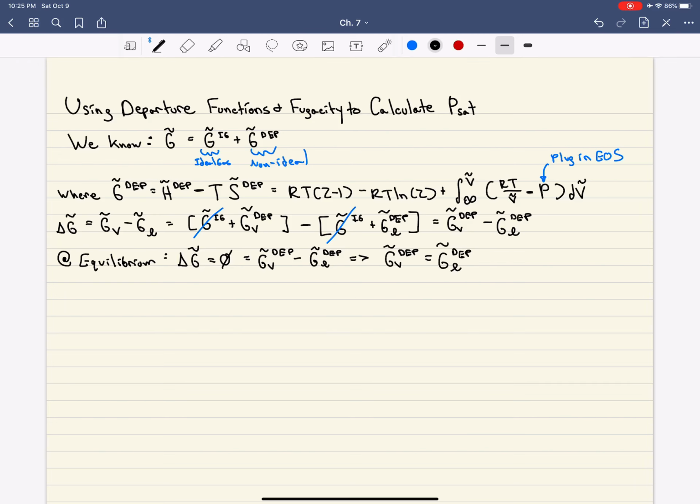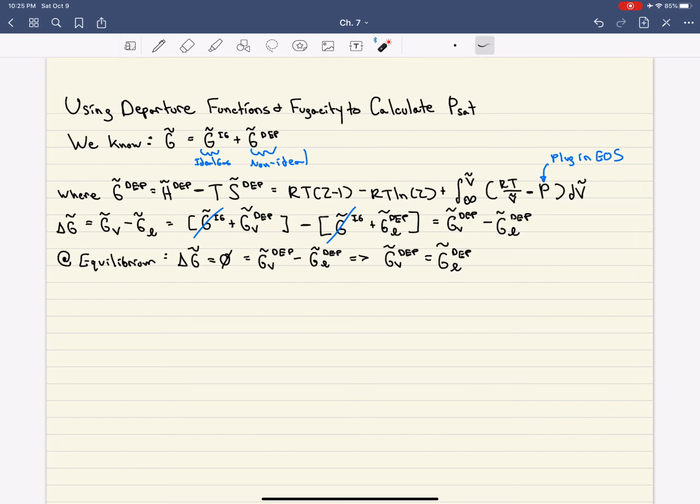And so using the departure function approach, we could also define another criterion for equilibrium. We could set the departure functions themselves equal in order to identify equilibrium.